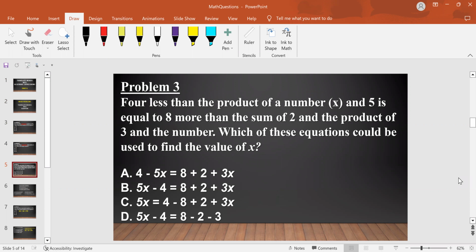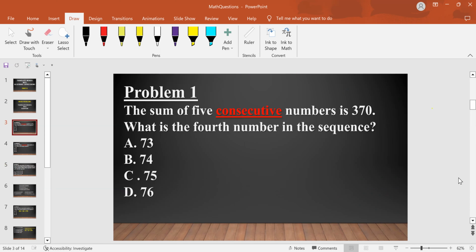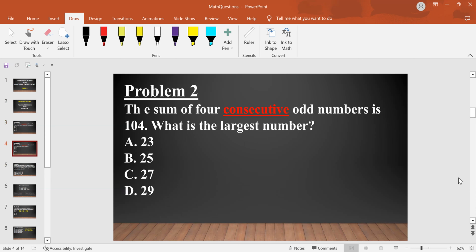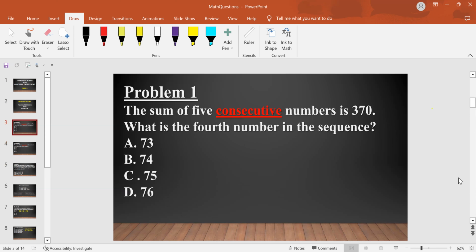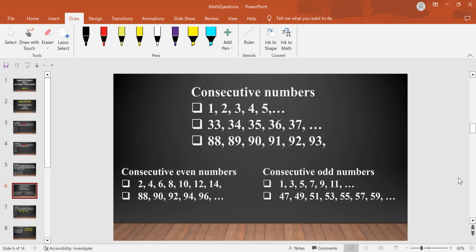So you'll see that in the first 2 problems, problem 1 and problem 2, there is a keyword, consecutive. So let's explain what that means, consecutive odd numbers, consecutive numbers. So a quick review. When they say consecutive numbers, you have like 1, 2, 3, 4, 5, 6, 7.